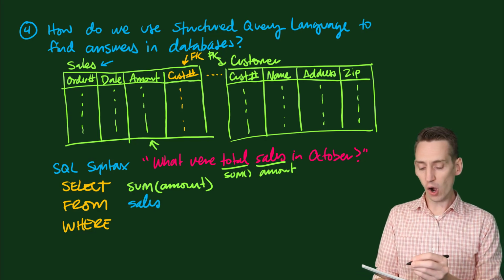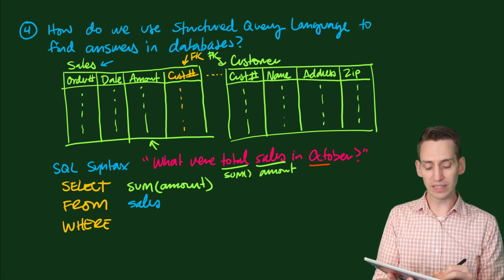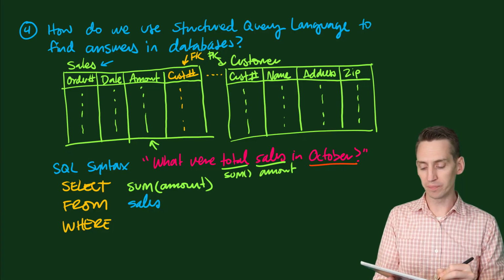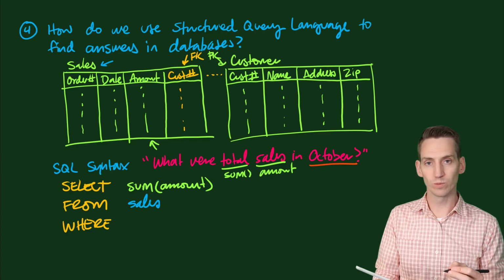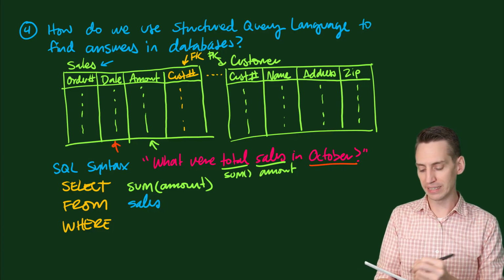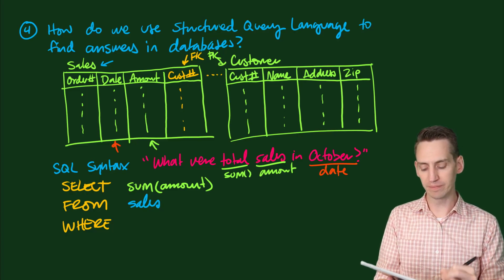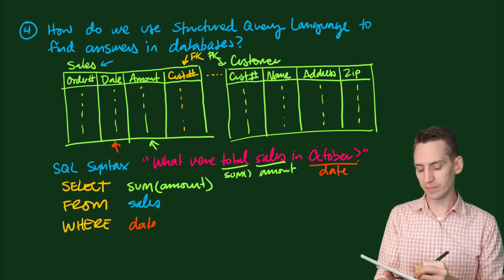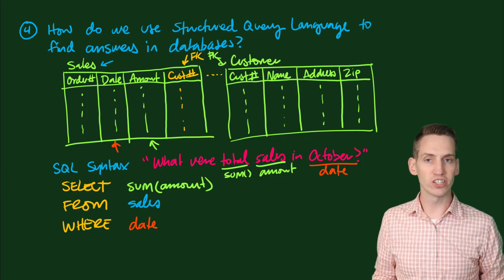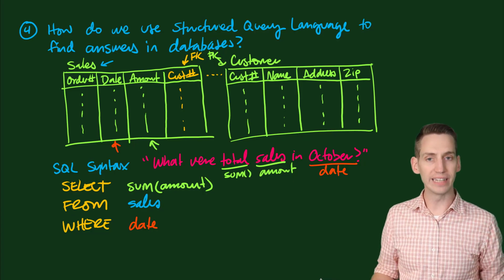And then I don't want all of these objects. I want to limit it to only the month of October. Where do I find October in the data? Well, there's no month, but there is a date, so I'm going to pull the date here. So where date, and then I'll use some functionality to limit the date, because I don't want all the dates.